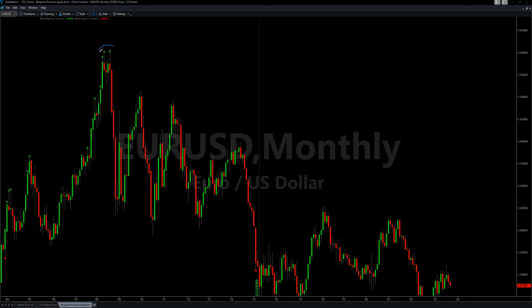The same like here: high, low. Next time, look, the previous high is still valid, and the previous low has been broken. That is important.